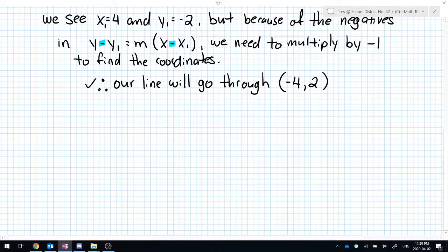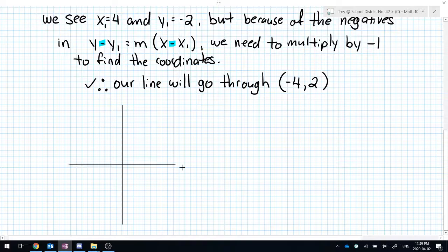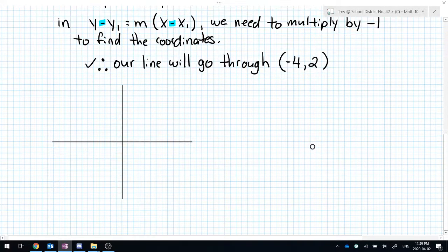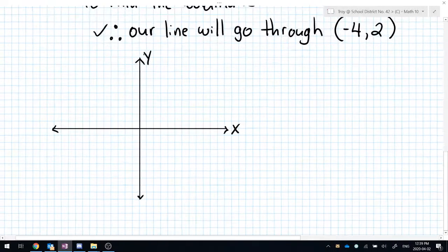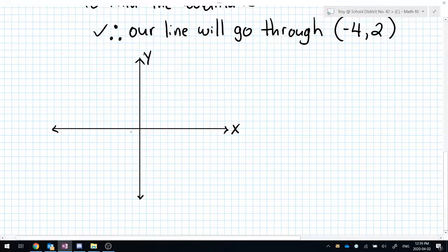So we can come down here. I'll make a graph. Looks something like that. So this is our y-axis, this is our x-axis. It's going to go through the point negative 4, 2. I'll use a different color here. So that's negative 4, 2, right there.